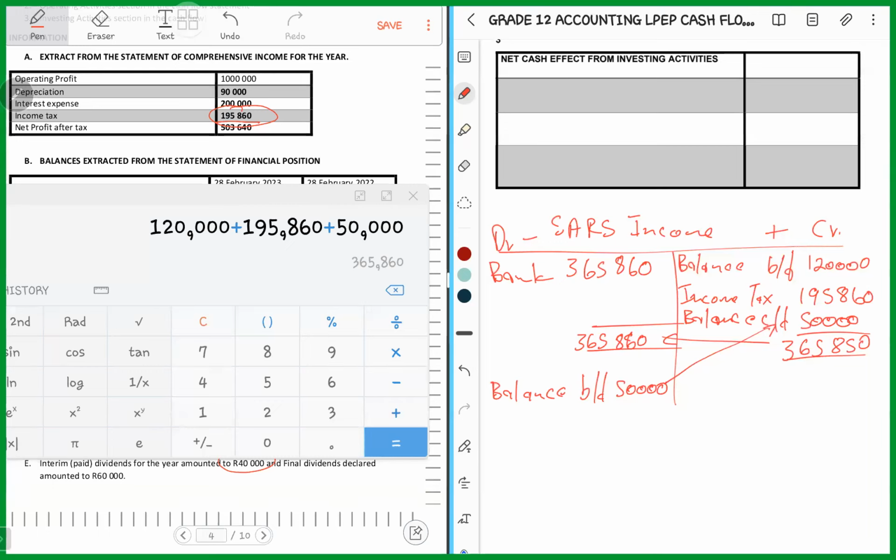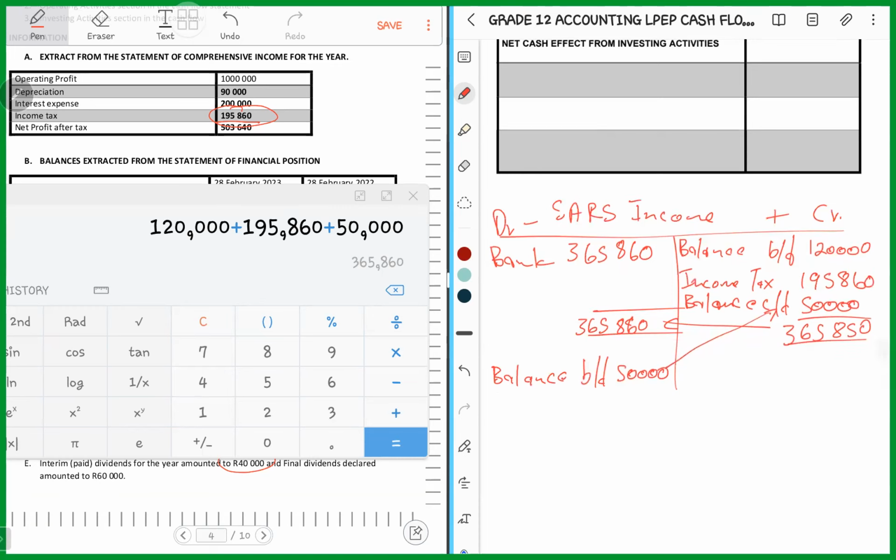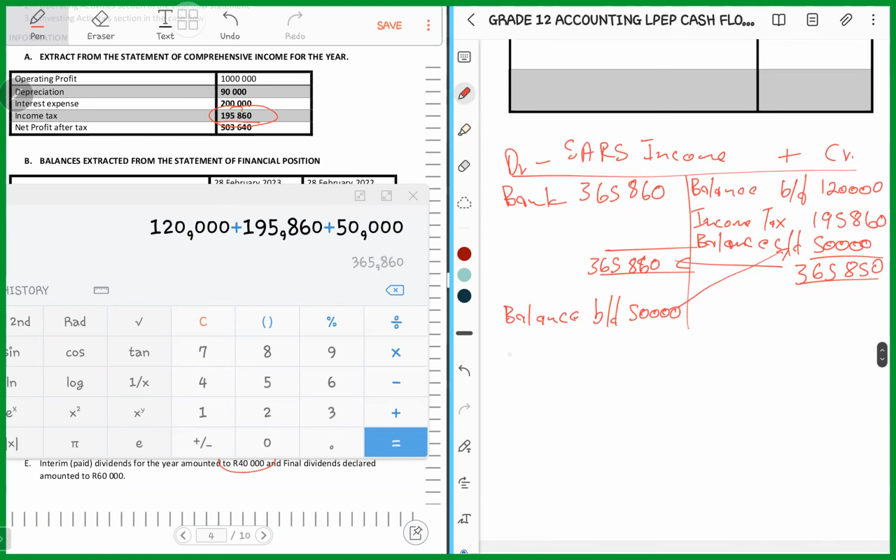Now, when we're using the straight line method, the formula will be credit plus the income tax, then we also say plus debit. So it will be 120,000 plus 195,860 plus 50,000.